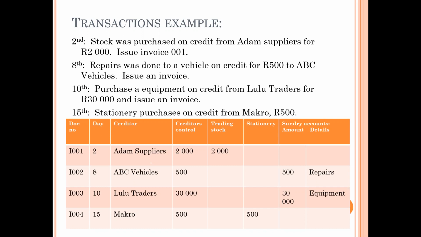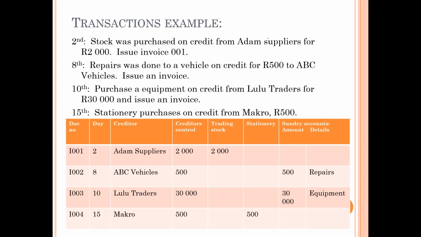Let's read through it and then we first check what type of info is in that transaction. So on the second, stock was purchased on credit from Adam Suppliers for 2,000 Rand and they issue an invoice 001. Okay, so again, we've got the date, the second. We can see here it was purchased on credit, so it's about credit purchases.